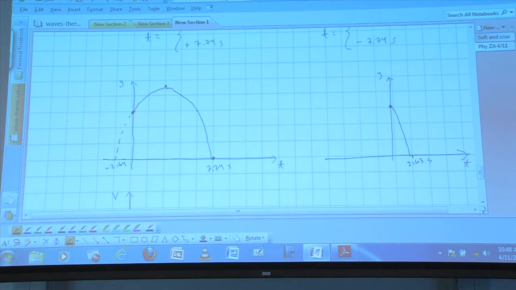And if we went backwards, it would have come up, and this is minus 7.74 seconds over here. Okay, it's the exact same parabola. We're just picking a different part of it.